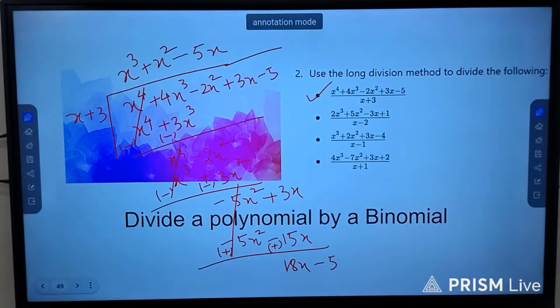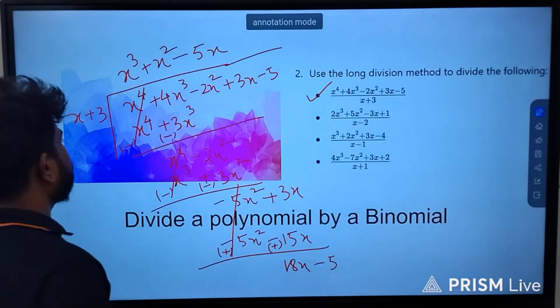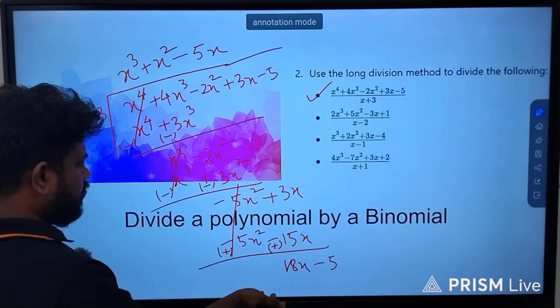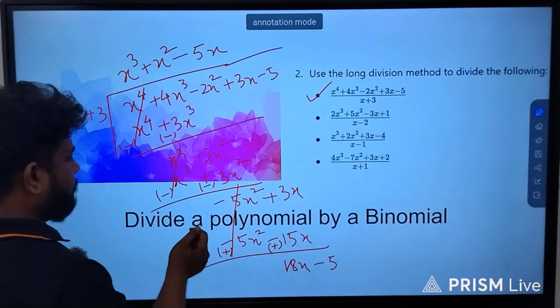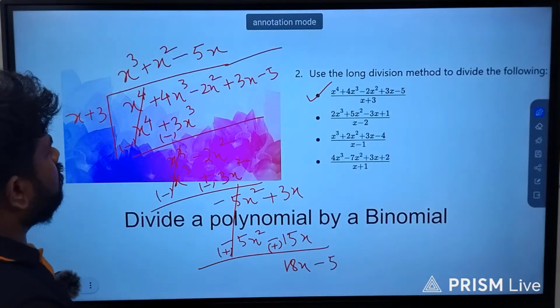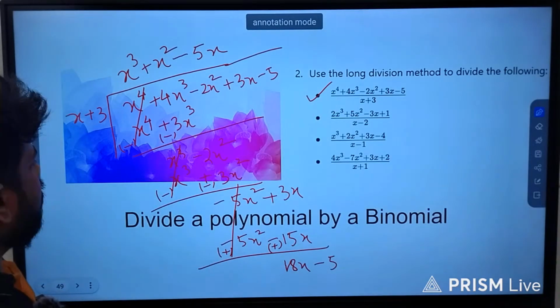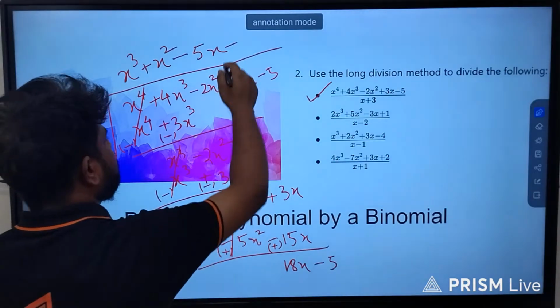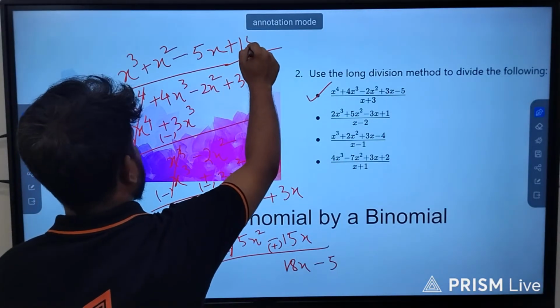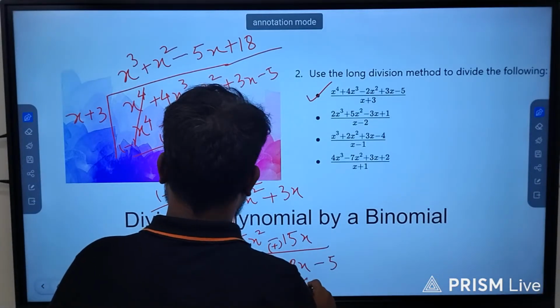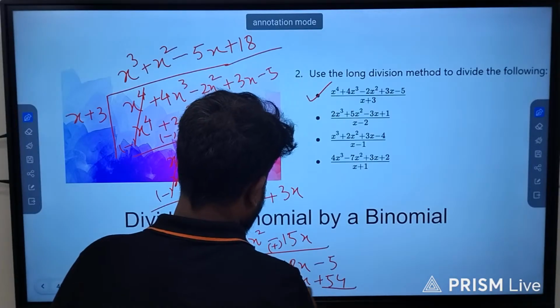Now just take 18, so it will be minus 18x plus 54.